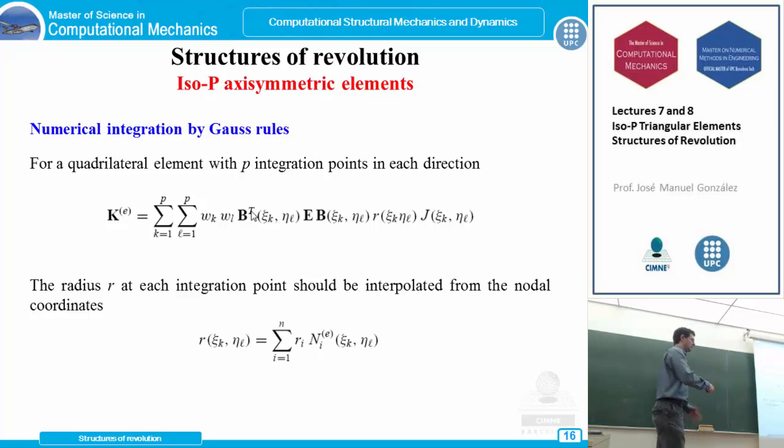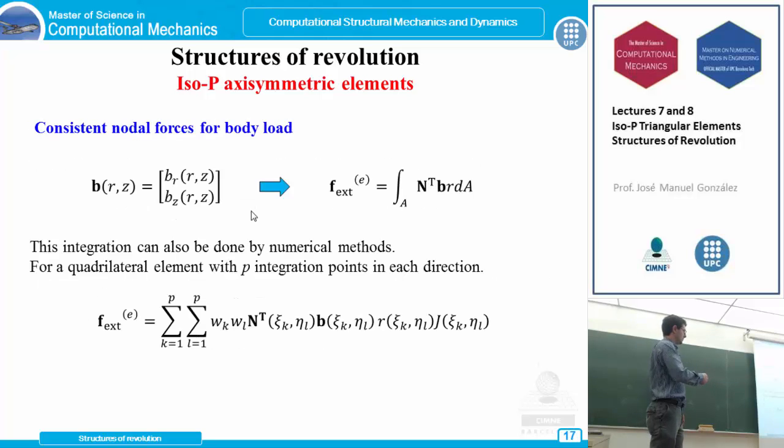To calculate this stiffness matrix in analytic form would be too complex, so that's why we use numerical integration using Gauss integration rules, and we define the number of Gauss integration points needed to guarantee a certain degree of approximation of the numerical integration of the stiffness matrix and the consistent nodal vector.